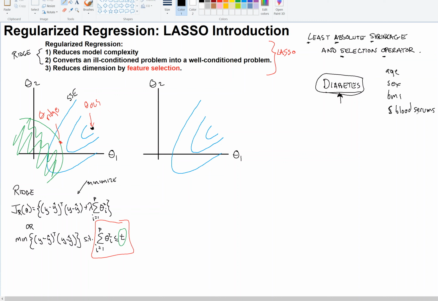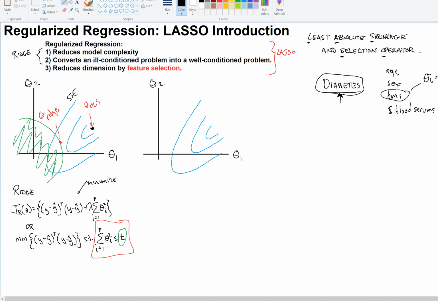Well, let's say for body mass index, with ridge regression, maybe you get theta to be 0.0001 or something like this. Okay, well, how close to 0 does this have to be where you say body mass index does not affect diabetes?